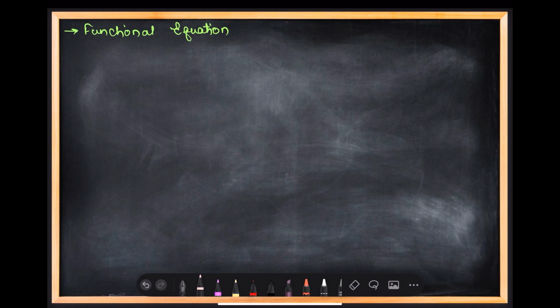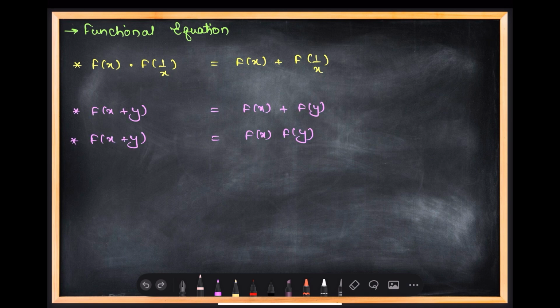Okay. So the first one is f of x times f of 1 by x equals f of x plus f of 1 by x. So this thing you have to memorize. Then we have this f of x plus y equals f of x plus f of y, means I will be calling this as sum into sum.